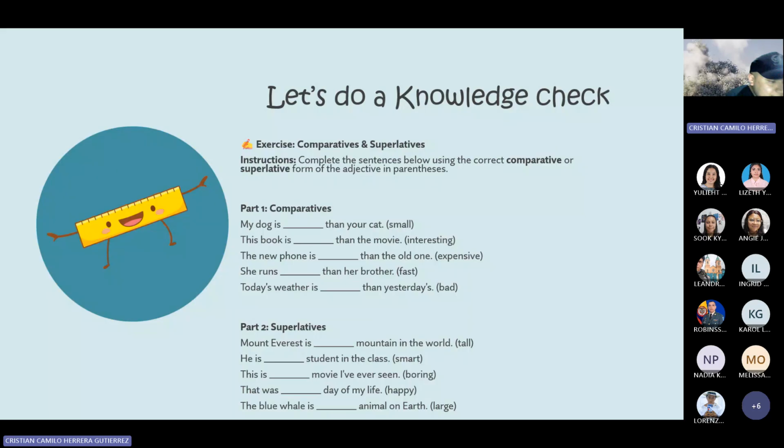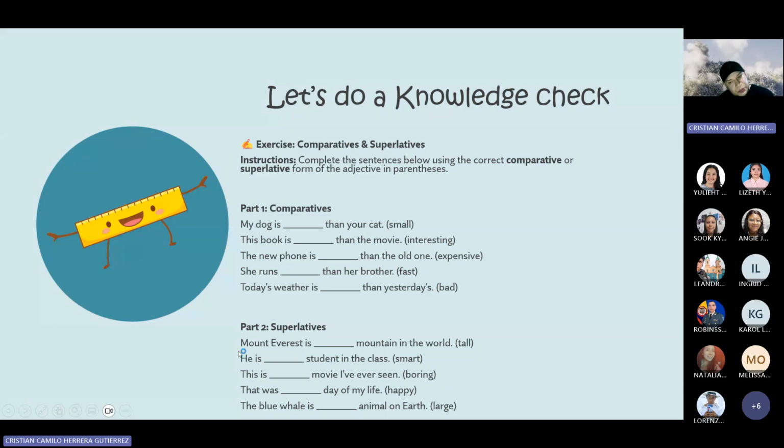Natalia Calderon, can you please help me out with these two sentences? Mount Everest is taller mountain in the world.